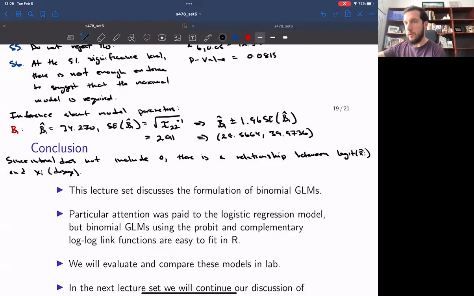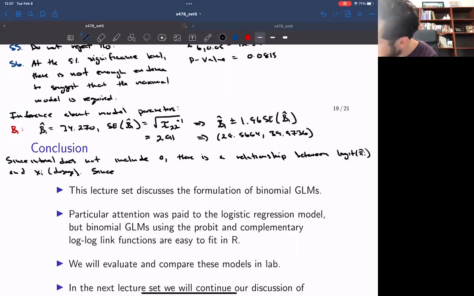So what we can also do here is determine how the odds are affected by beta 1. And it's a very similar idea. If we take the exponent of the bounds, we're going to get massive numbers, obviously.